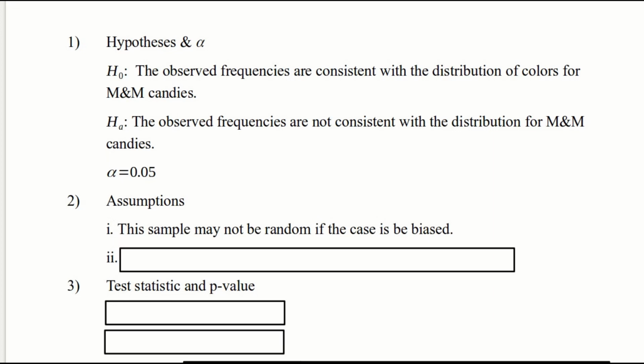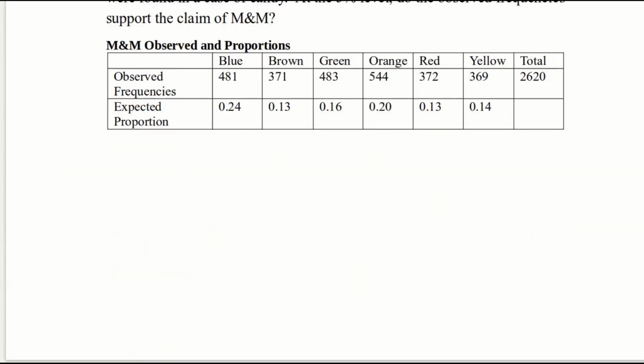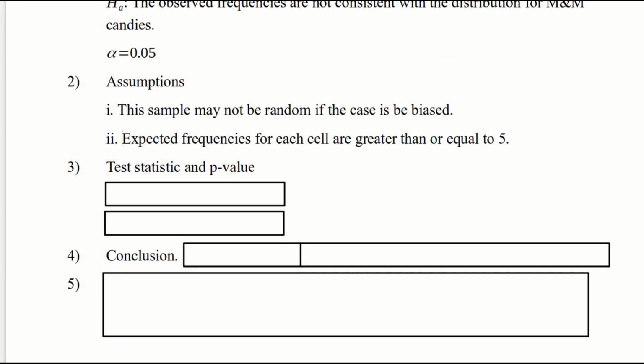Perhaps this case of M&Ms was in some way different. We're also checking that the expected frequencies for each of the colors is greater than or equal to 5. Let's go back and see that they're all at least 300, so we can be on the safe side there.